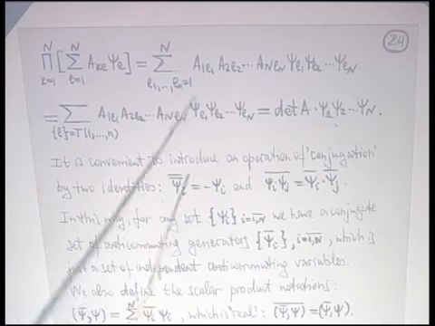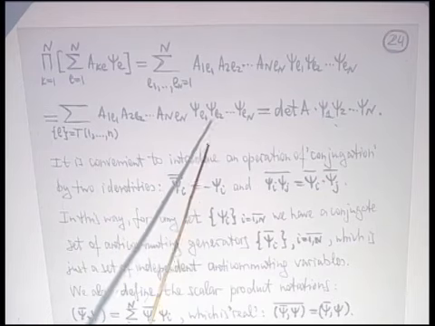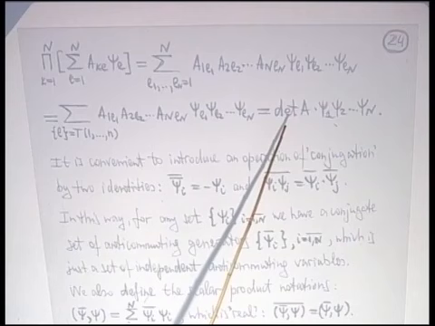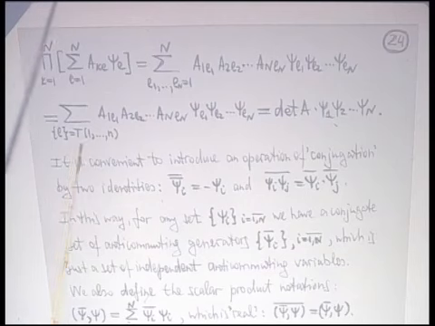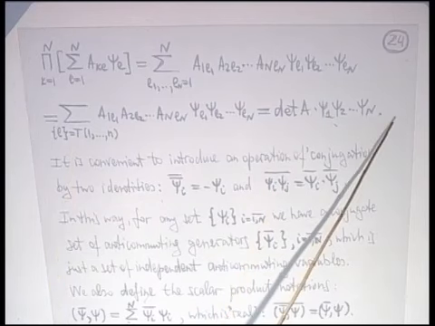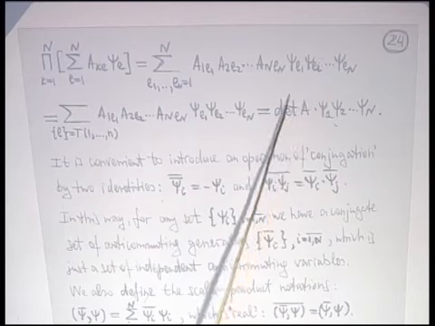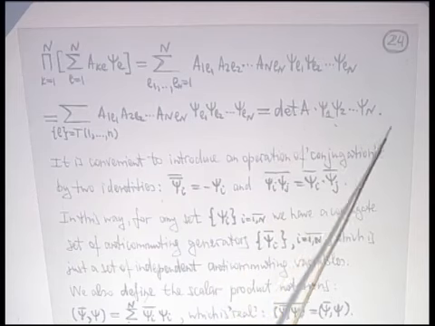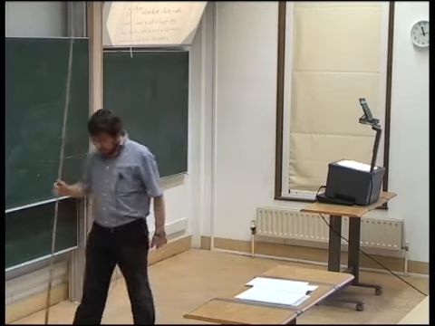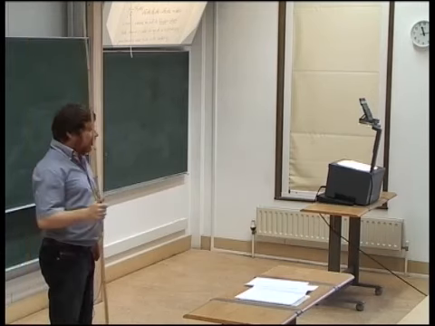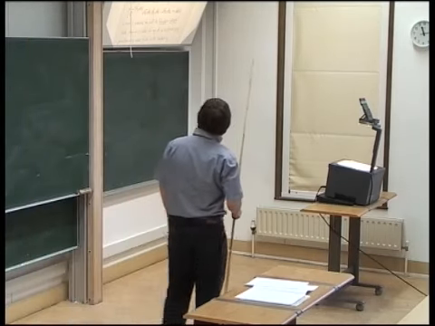Then, as practically what David has shown us, you will get the determinant of A multiplied with the maximal possible monomial in this order, psi 1 to psi n.